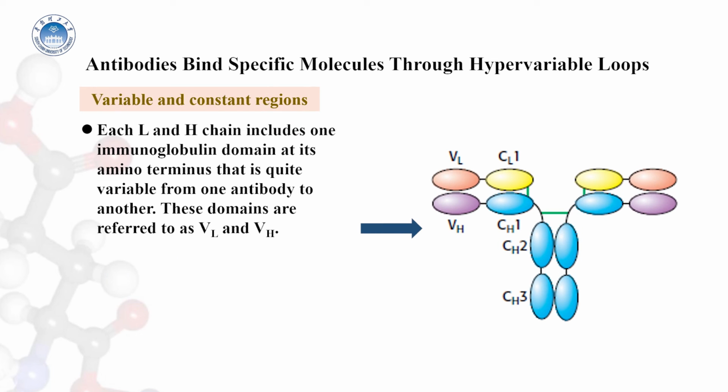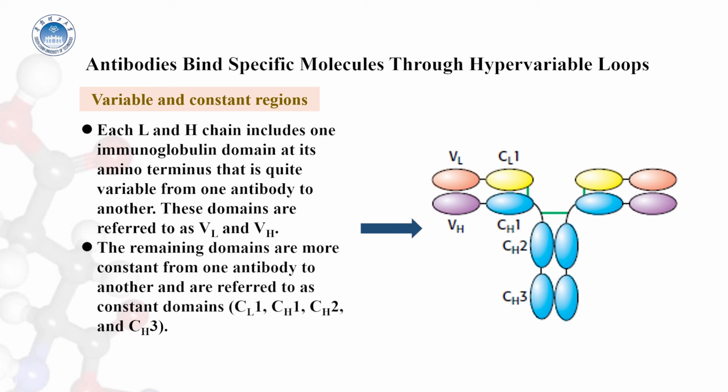The amino terminal immunoglobulin domain of each chain is thus referred to as the variable region, whereas the remaining immunoglobulin domains are much more similar in all antibodies and are referred to as the constant region, as can be seen from this figure.